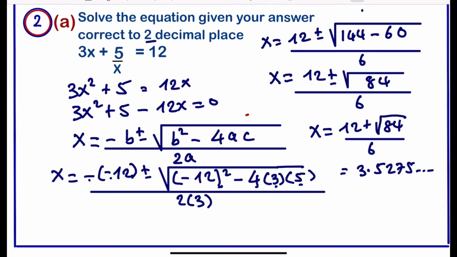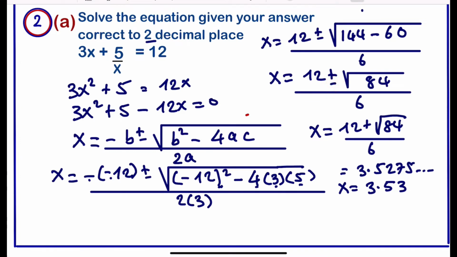But we are focused on 2 decimal places. Looking at this number, the third decimal is more than 5, so we need to add 1 here. So our first answer for x will be equal to 3.53.